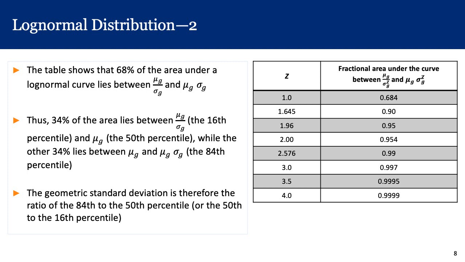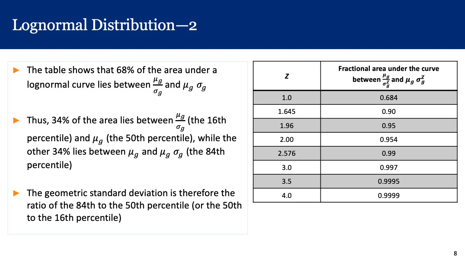Here, in this case, z would be again 1. Likewise, for z equal to 1.645, we would say that mu g divided by sigma g raised to the power 1.645 to mu g times sigma g raised to the power 1.645 is 90% or 0.9.